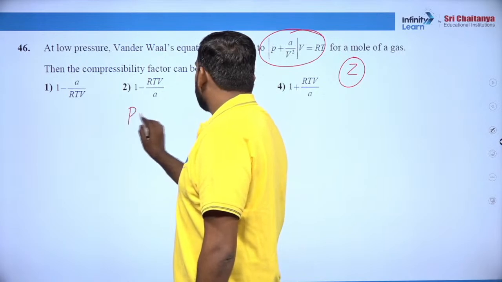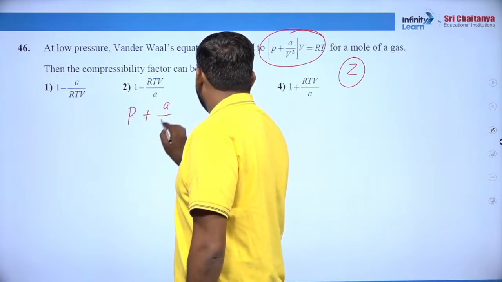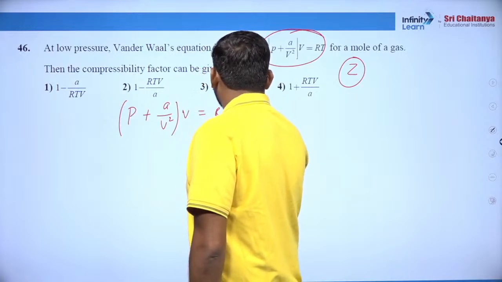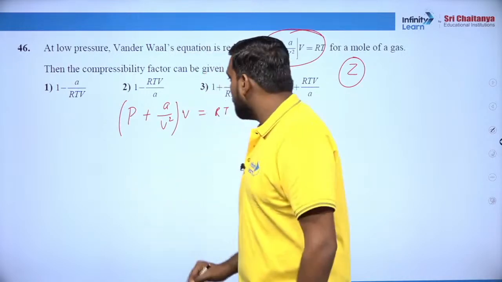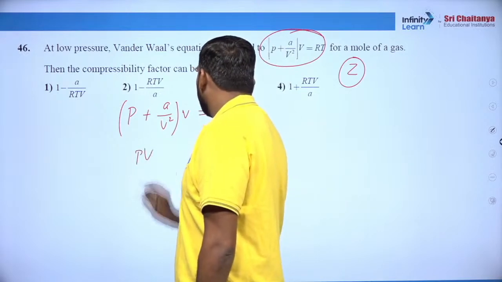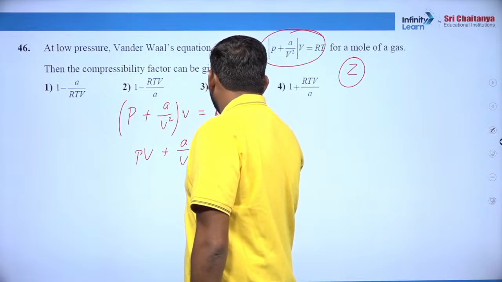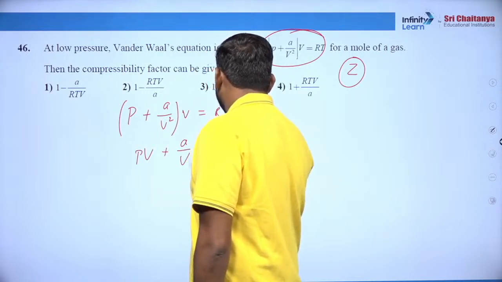The equation is P plus a by V square, into V, is equal to RT. Let's expand it. If you expand it, it will become PV plus a by V is equal to RT.